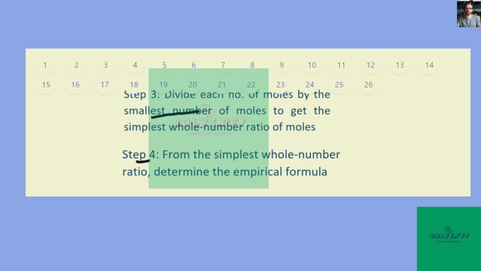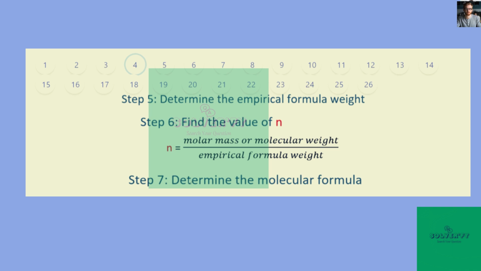And then in step 4, from the simplest whole number ratio, we will determine the empirical formula of the substance. And then we will determine the empirical formula weight of the substance.